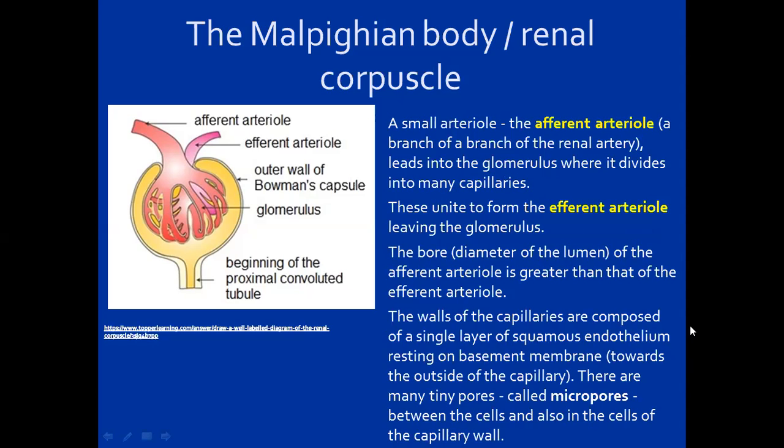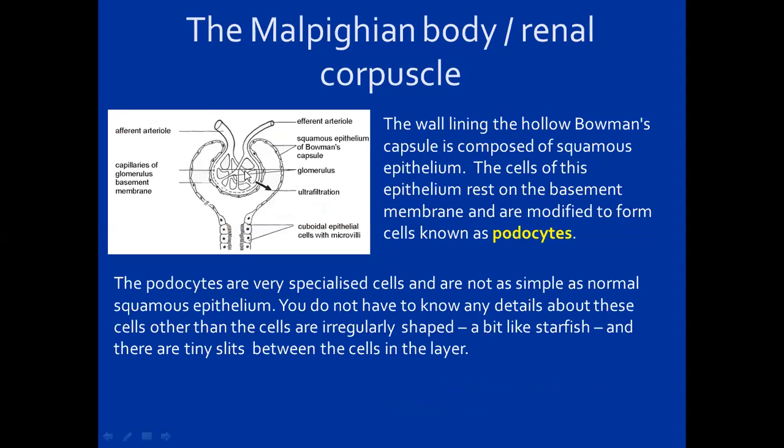You're right with micropores. So let's have a look. The way in which this functions, very simplistically, goes like this. The bore of the afferent arteriole is bigger than the bore of the efferent arteriole. Are you looking at the drawing? Therefore, blood coming into the glomerulus and blood leaving the glomerulus are different volumes. More blood can come in than can go out. Because of that, it sets up a pressure in the capillaries of the glomerulus.